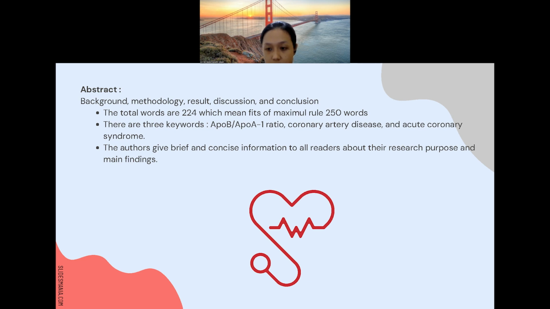And the abstract presents 3 keywords: ApoB and ApoA1 ratio, coronary artery disease, and acute coronary syndrome. So in the abstract, we can find brief and concise information for all readers about the research purpose and main findings.